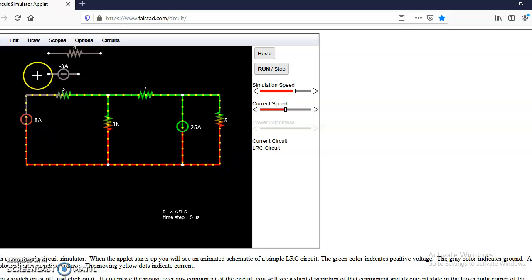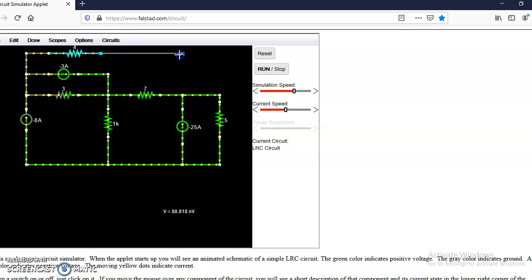This 3 ampere source will be in parallel with this 3 ohm. The last one, this 4 ohm, is present between node 1 and node 3, so I'll connect it directly to node 3. This one is node 3.